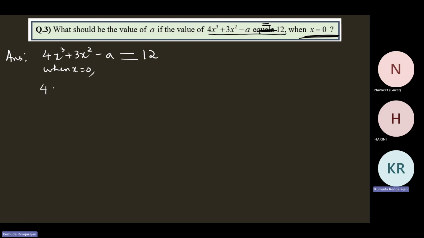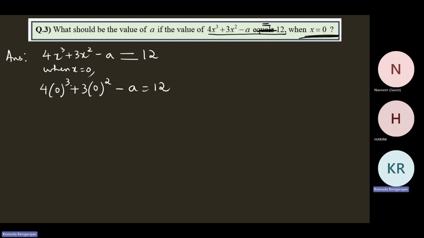So 4 into 0 cubed, plus 3 into 0 squared. Minus A, you should write A only. You should not put 0. X is only 0. So 0 plus 0 minus A is equal to 12.